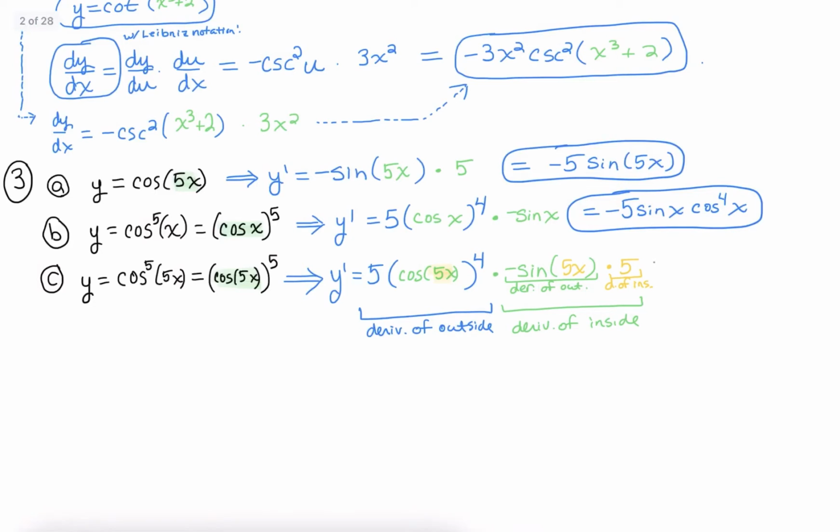And this is what's going to happen as we start doing more and more. We're going to be combining rules. So it will be really important for us to always be thinking about what is the outermost structure that I'm working under here. So my final answer might look like negative 25 sine of 5x times cosine to the fourth of 5x. So that would be how we might write that final answer.